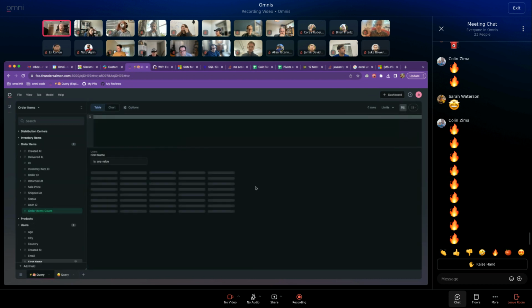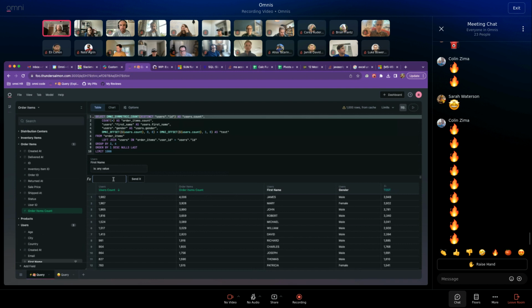The spreadsheet thing is starting to come together, but it's still very early days and there's a lot of work to do. What works today is concat. We could do concat. Also, I don't have to do the B. I could do users.first_name, users.gender if I wanted to here.